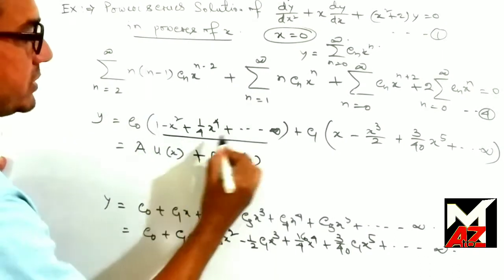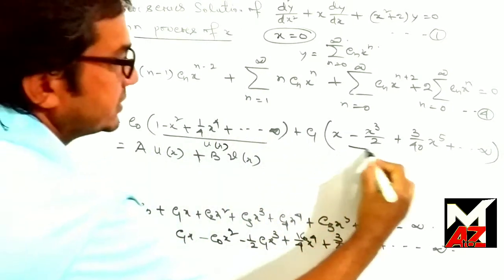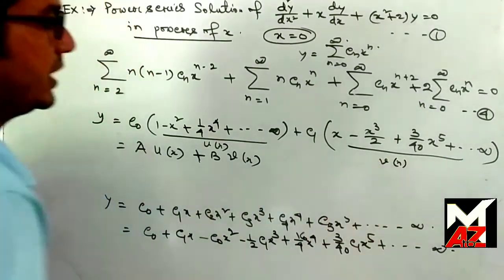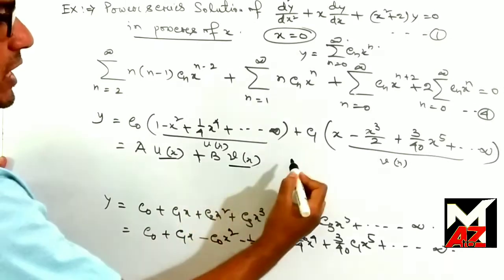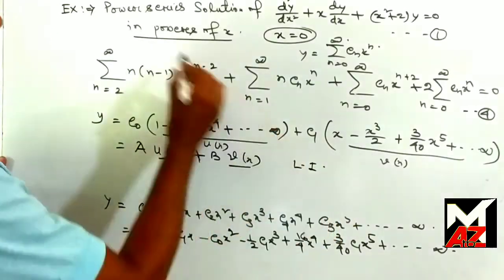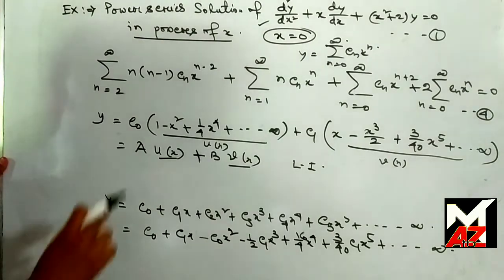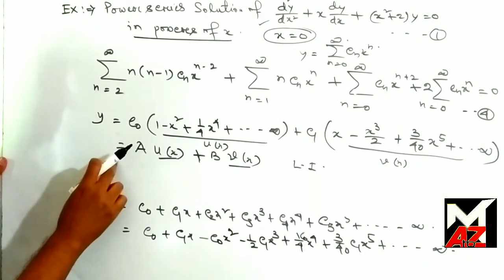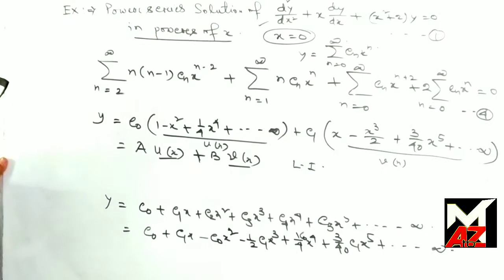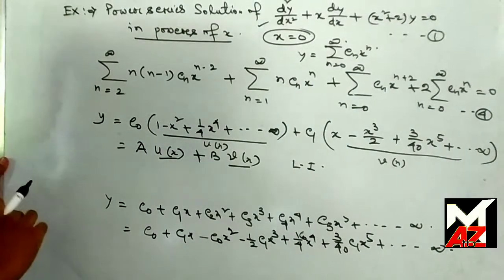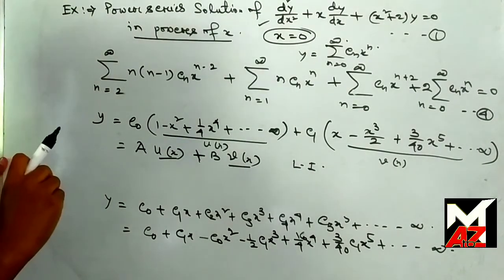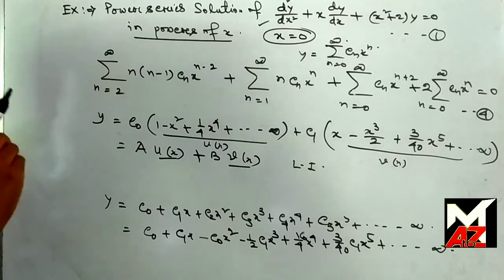This is u of x and this is v of x, and u of x and v of x are two linearly independent solutions of the differential equation 1, and this is the complete solution of 1. Okay, this procedure is for the ordinary point, solution near the ordinary point.